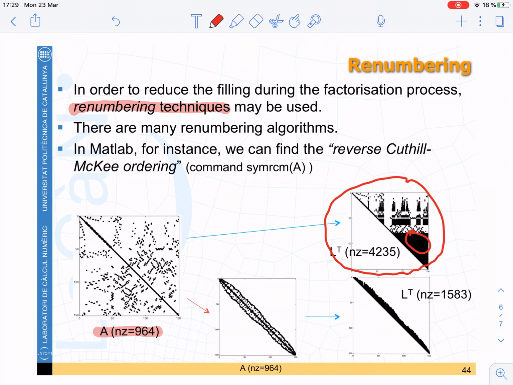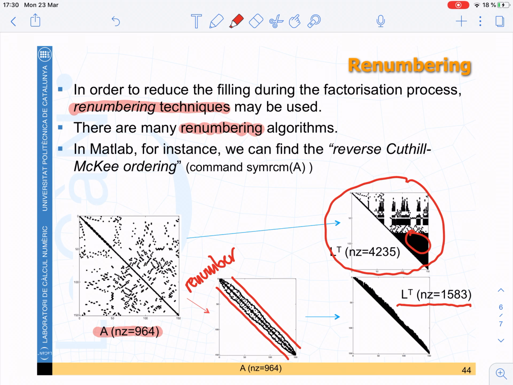It may be convenient to renumber the nodes of the finite element mesh, that is to say, to change in the same manner columns and rows. In this way, we get a much narrower band, and then fill-in is considerably reduced. Okay? There are many such renumbering strategies.